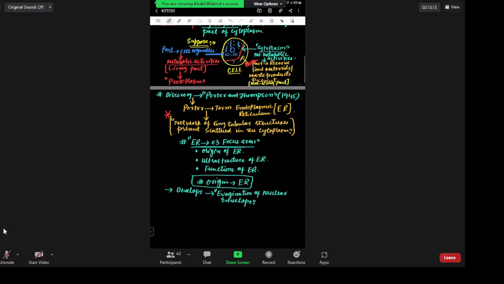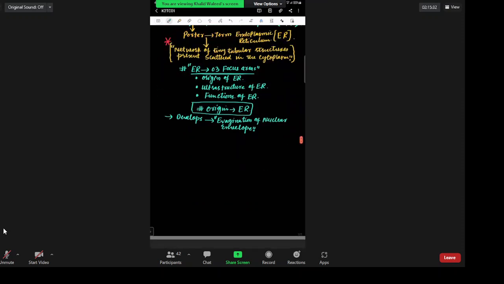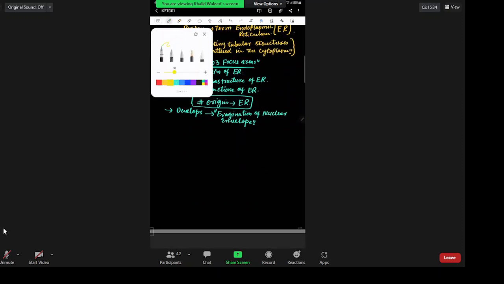So same would be true for nuclear envelope. जैसे plasma membrane is elastic, same is the case with nuclear membrane. It is also elastic like plasma membrane. So we are going to develop endoplasmic reticulum from the nuclear envelope. How come? Let me show you.